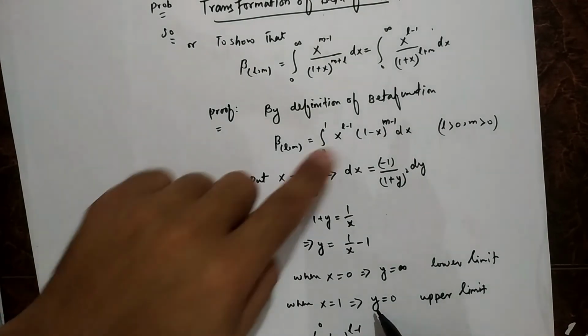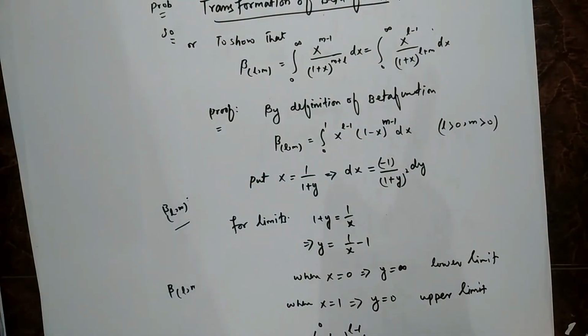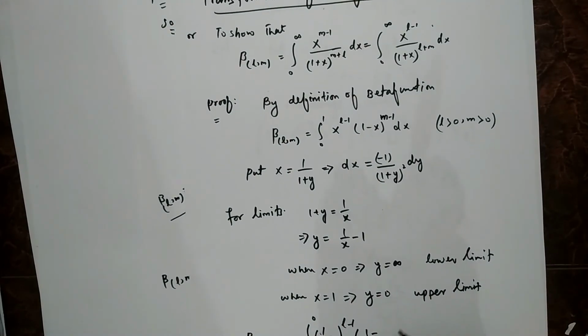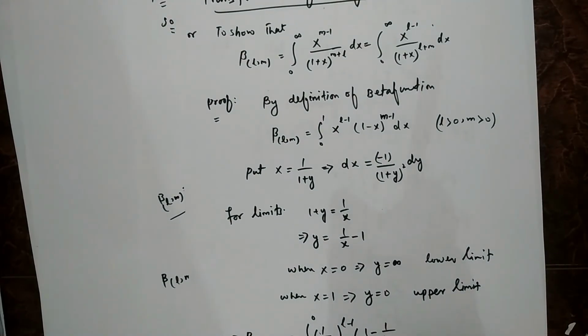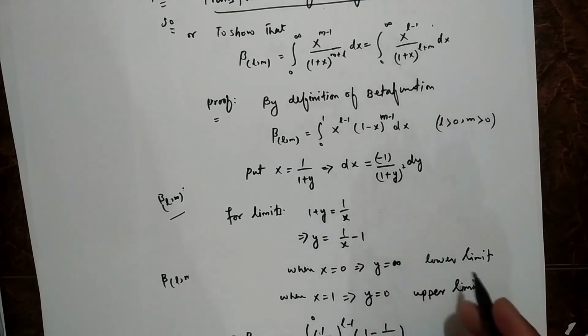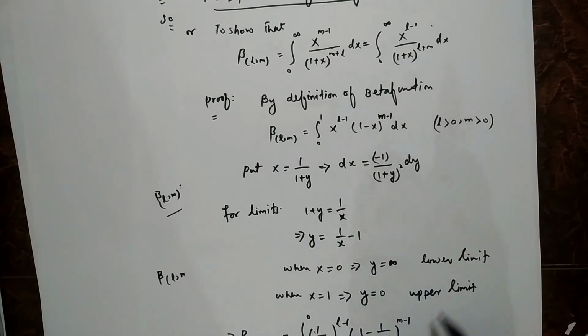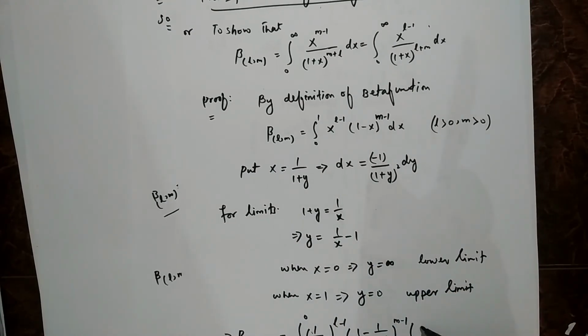And here this will be 1 minus x, x is again 1 upon 1 plus y, whole to the power m minus 1. And dx will be written as minus 1 upon 1 plus y whole square into dy.